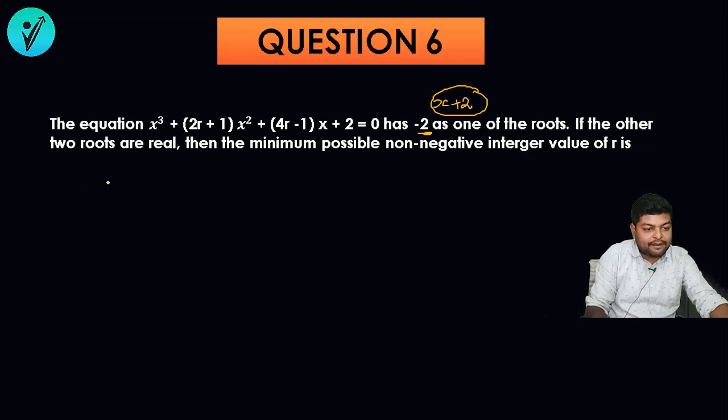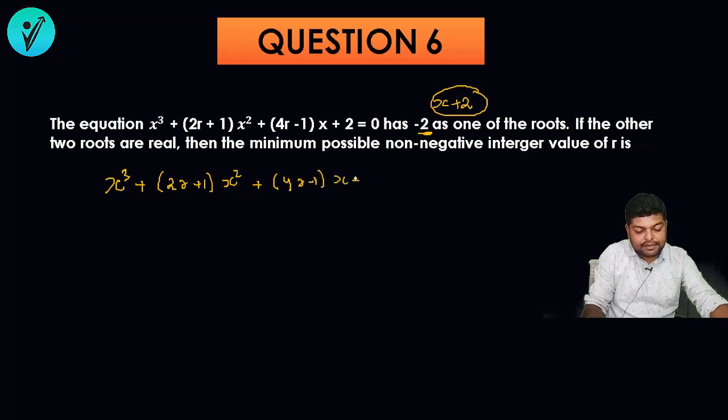So let's divide x cube plus (2r plus 1) x square plus (4r minus 1) x plus 2. We have to divide this cubic expression by x plus 2. Why are we dividing it by x plus 2? Because x plus 2 is one of its factors. First of all, it will be x square.